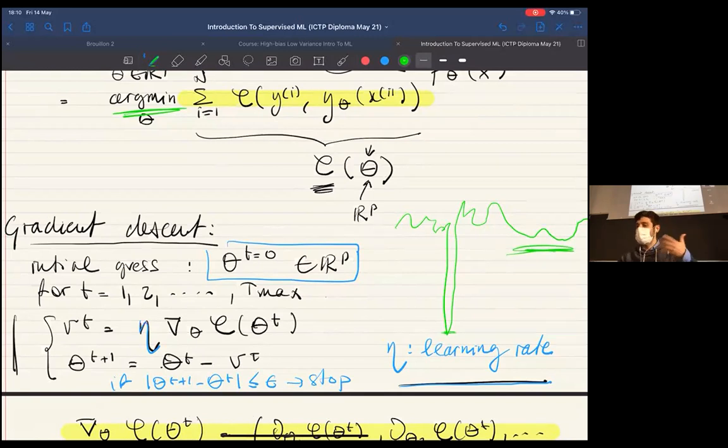And actually, there are many theoretical evidences that this is the kind of minimum you should aim for. These are the ones that are robust to fluctuations, which means good at generalization. They're wide, and this is connected to good generalization properties. While this global minimum here, maybe it's just due to pure fluctuation in the data, okay? You see that if you had a different data set, this typically would not be there, okay?